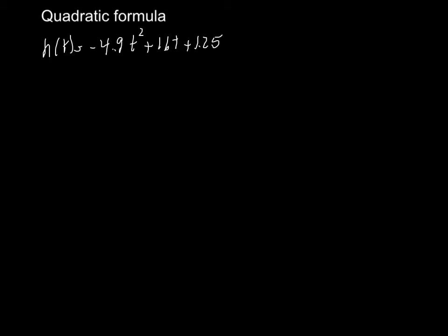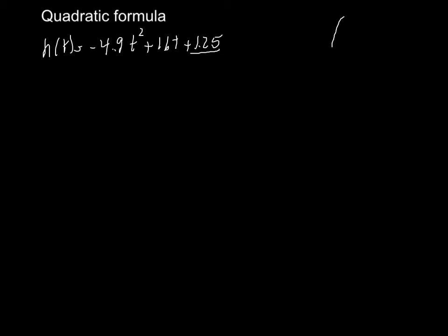Just by looking at this equation, I hope you can see that the initial height of the rocket is 1.25. So this means that when the rocket is launched, the height of the launching pad is 1.25 meters. The question is, after how many seconds does the rocket hit the ground?